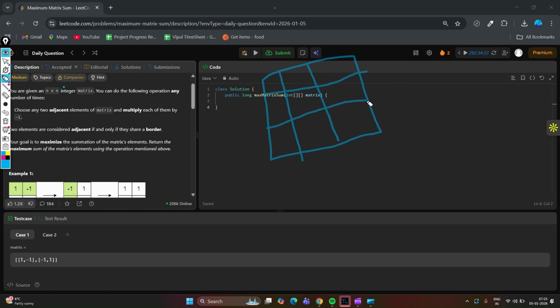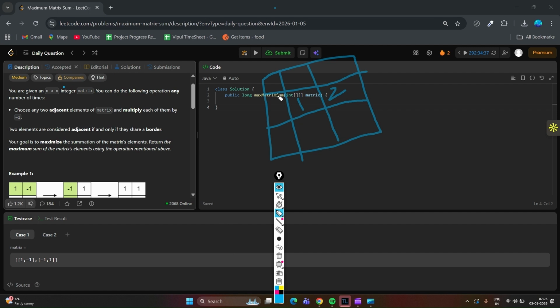Choose any two adjacent elements of the matrix and multiply each of them by minus 1. Adjacent means, like here is 1 and here is 2, so this is adjacent.